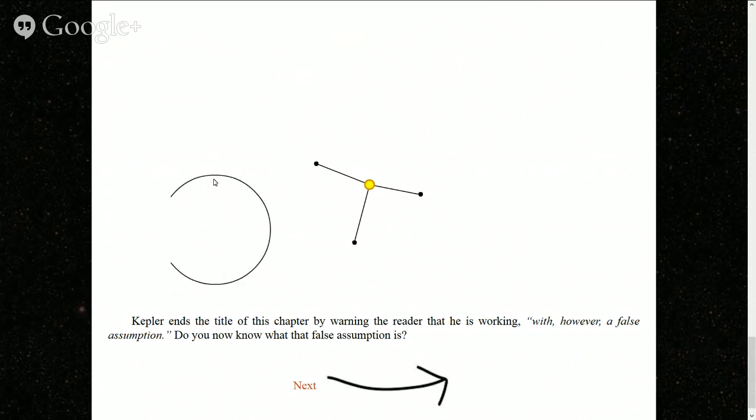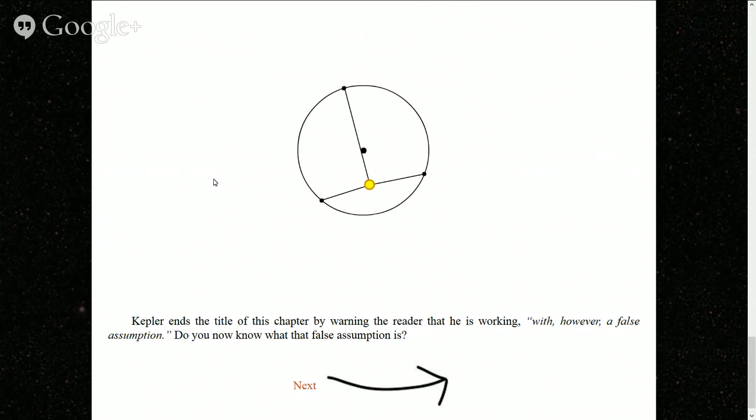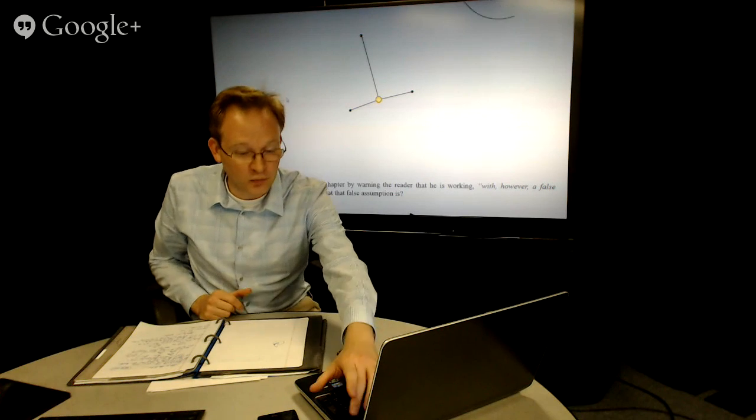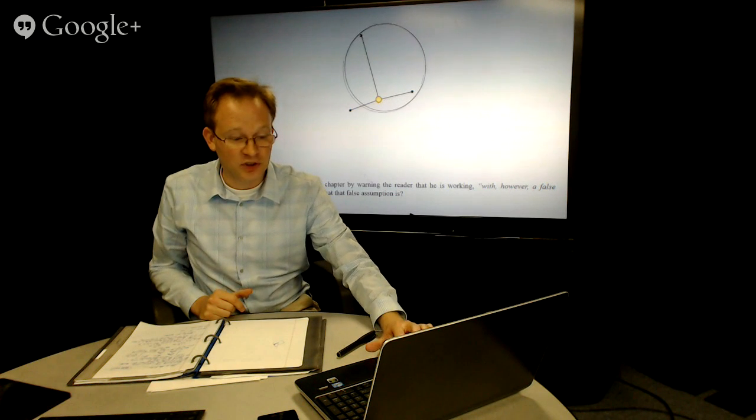Kepler says if you tried three other positions of Mars that you knew, you get a different center. So how can you have both of them be true? It's if it doesn't actually move in a circle. So that's where Kepler goes with chapter 41.